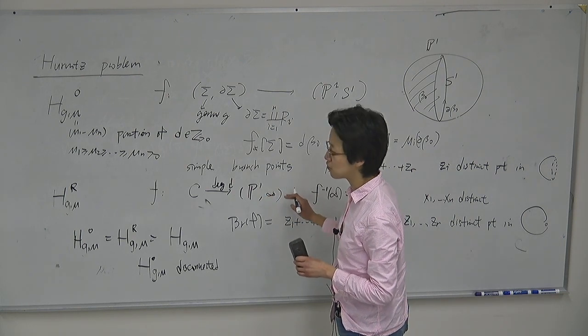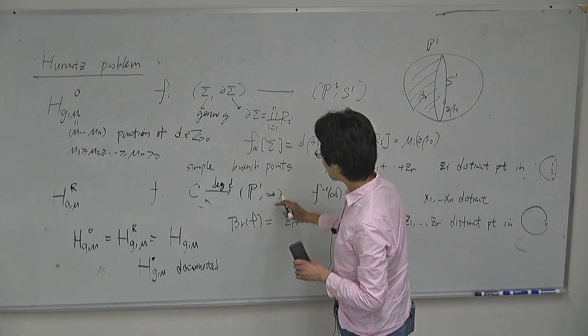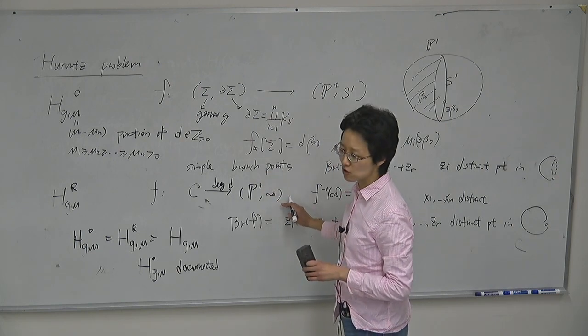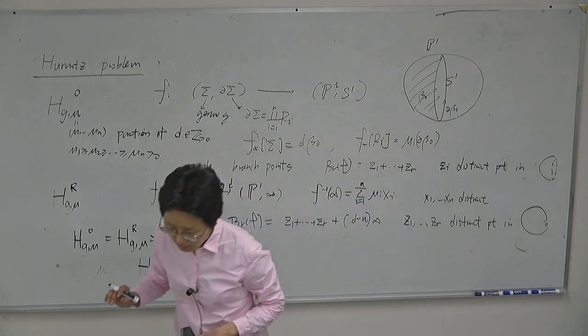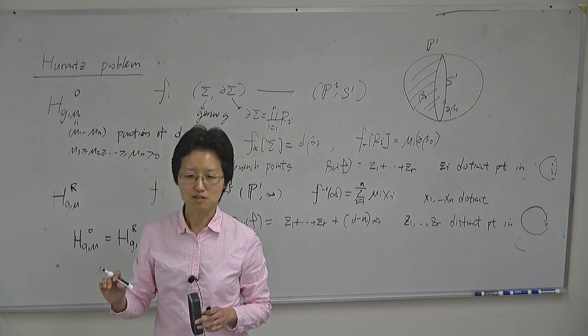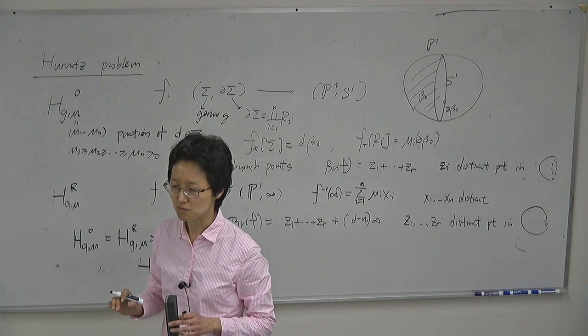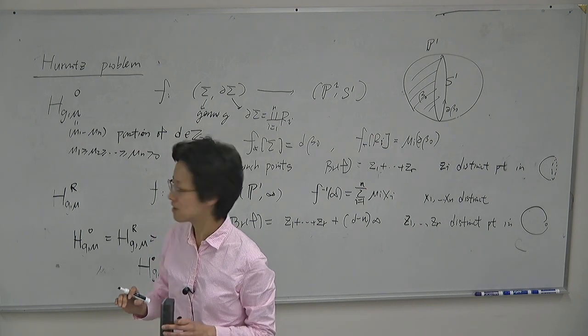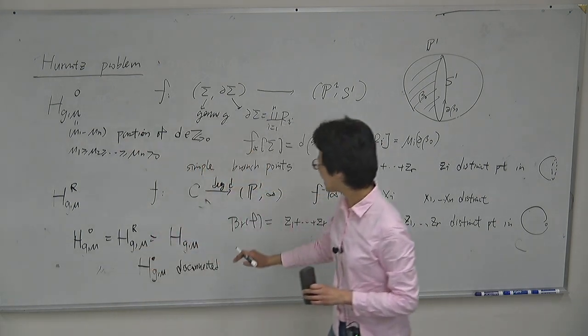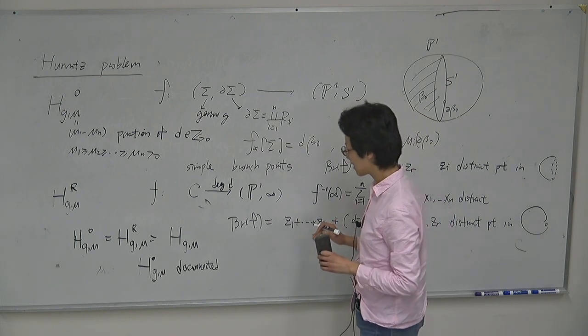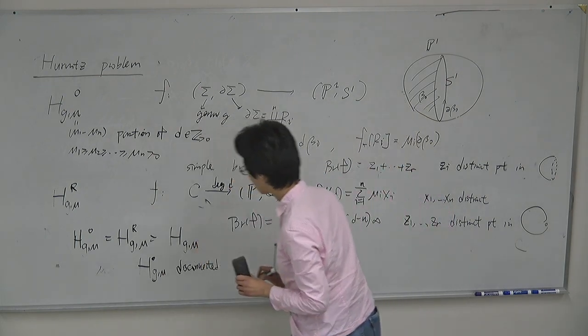So it's much more general, but this is a special case. Actually, I think Danilo is going to talk about the very general Hurwitz problem in his talk today. But this is just a special case of what he will say.